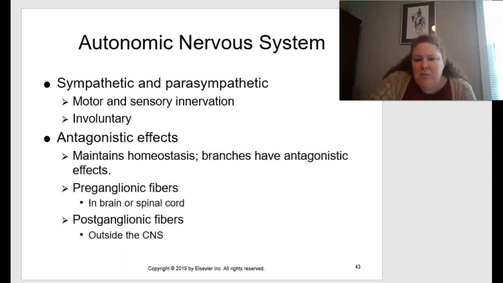But basically, these are important because they maintain homeostasis. So we have branches that have those antagonistic effects. Some of these would be our preganglionic fibers in the brain and the spinal cord, or our postganglionic fibers, which are outside of the central nervous system.